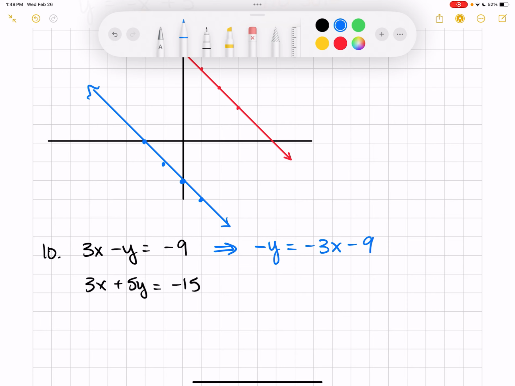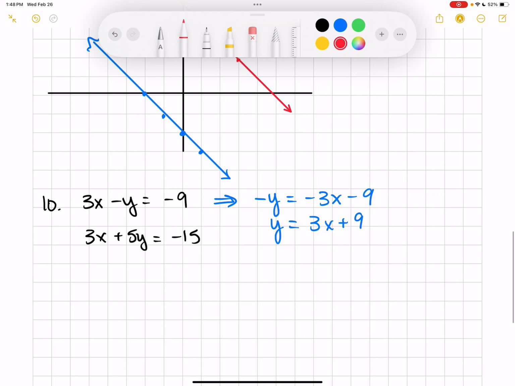So y equals 3x plus 9. So that's going to be one line. And then over here on this one, how do I do it? Subtract 3x, so 5y equals -3x minus 15, and then what? Divide by 5. So y equals -3/5 x minus 3.